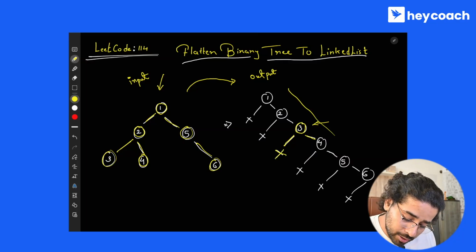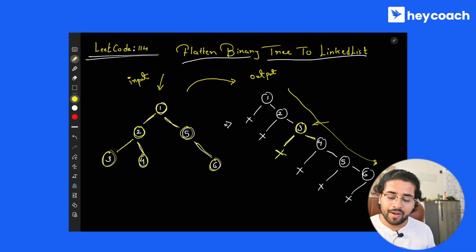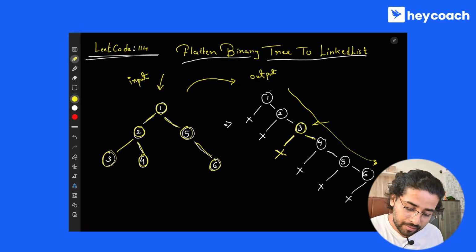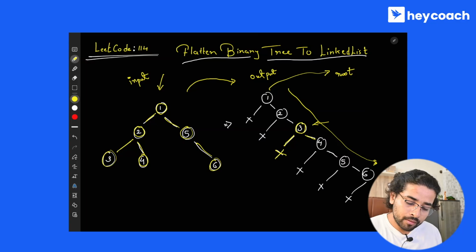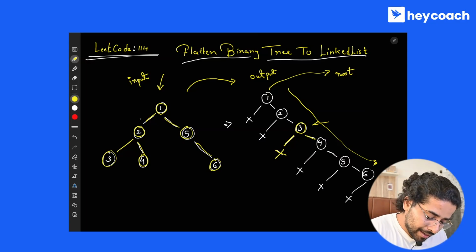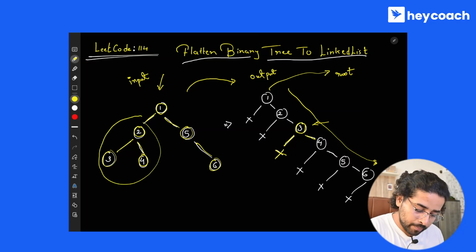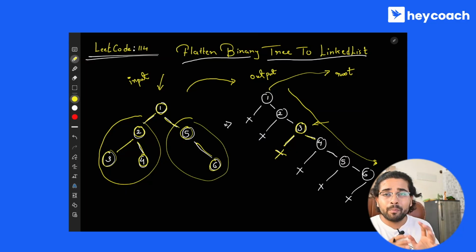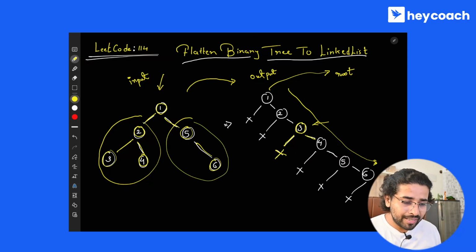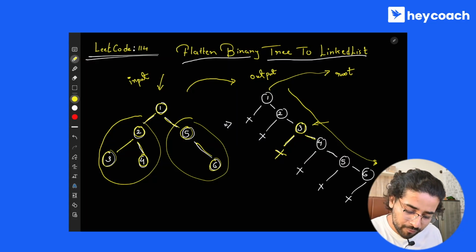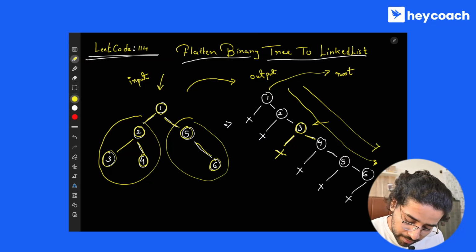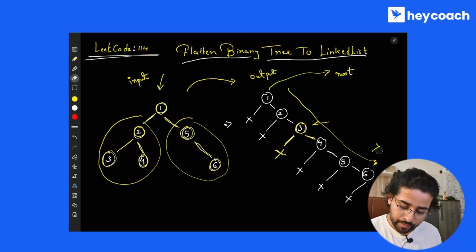That's why this tree looks like a flattened linked list. This is also a tree, and this is the root node of the tree, but here you can see the left subtree and the right subtree. With the help of pre-order traversal we take these nodes, manipulate them and print them in the form of this sequence.